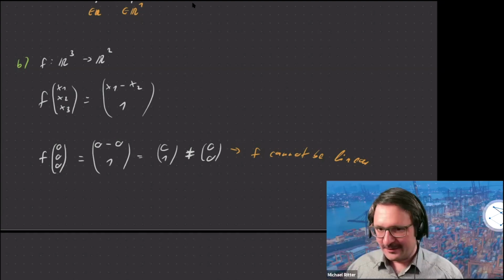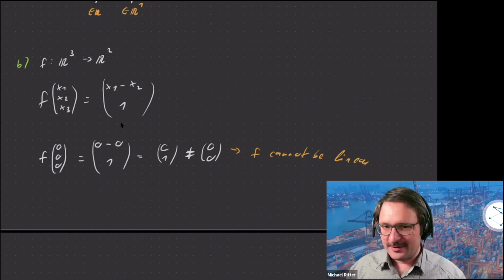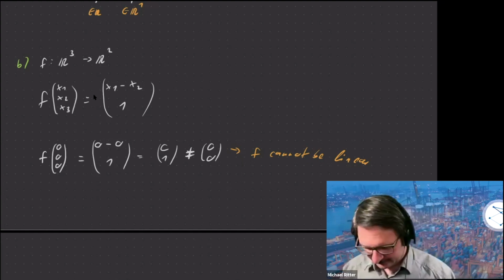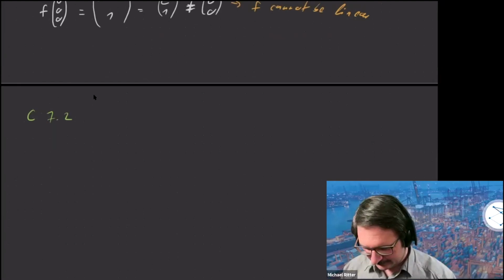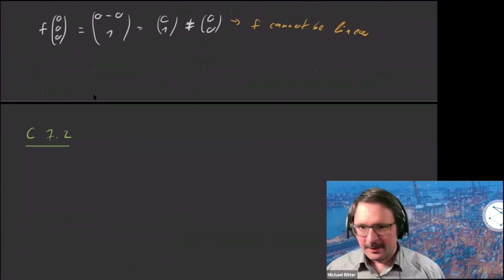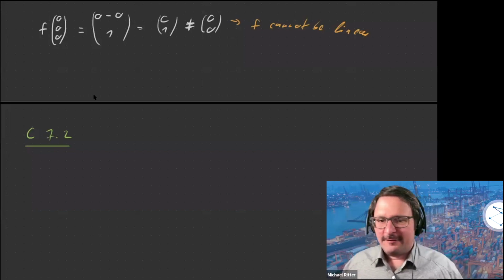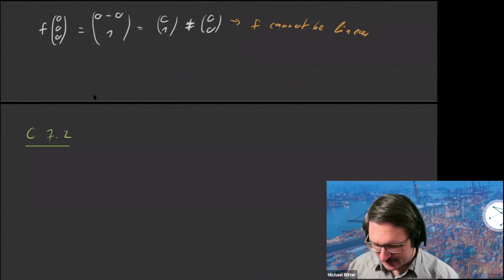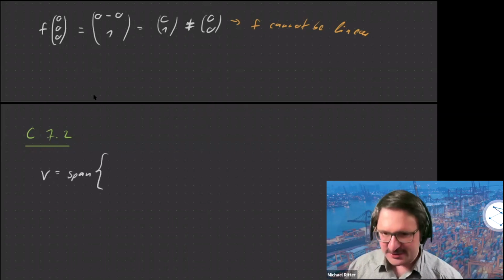Okay, great. So let's go on with C7-2. In C7-2, we have two vectors. We're calling those b1 and b2, and we have a vector space V that is spanned by those two vectors.